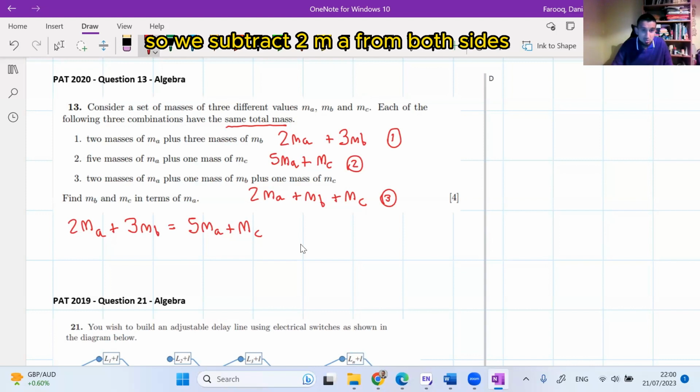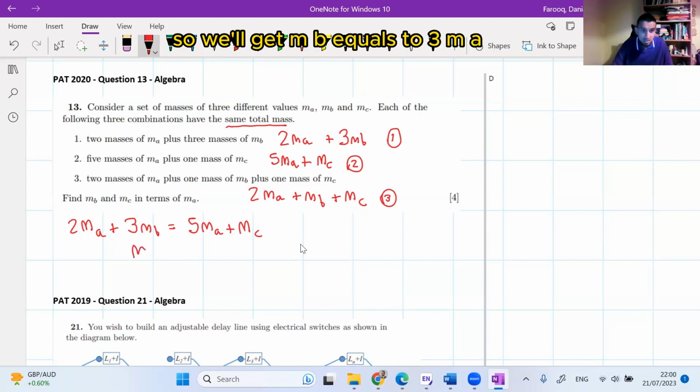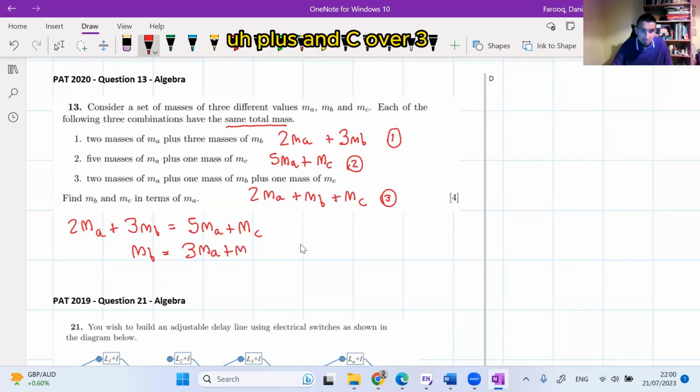So we subtract 2Ma from both sides, and we get Mb equals 3Ma plus Mc over 3, because we minus the 2Ma and then divide by 3.